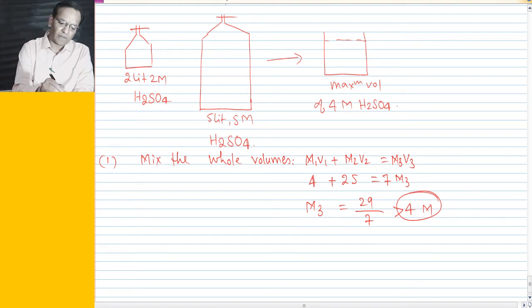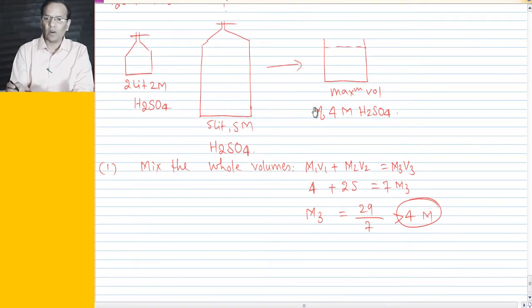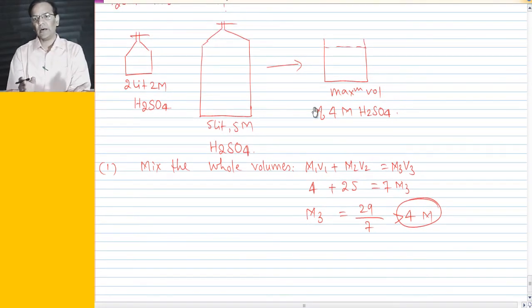Next, what can be done? We can take one volume completely and another partially. Since we have to produce maximum volume, we could be tempted to take the bigger volume completely.